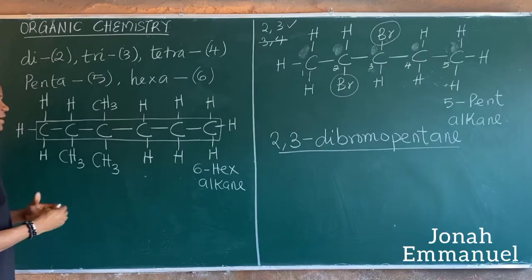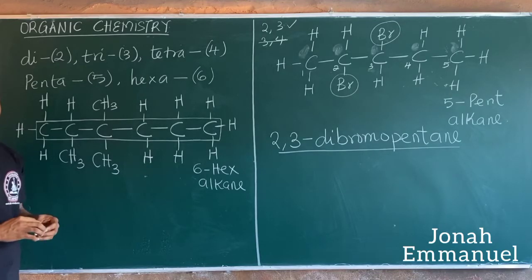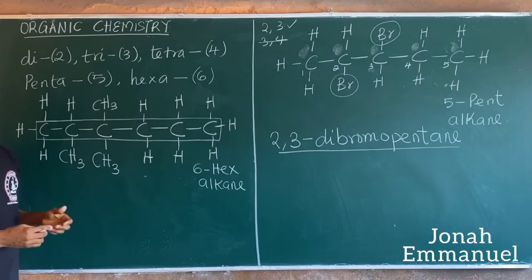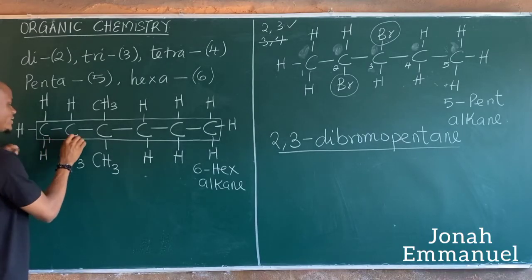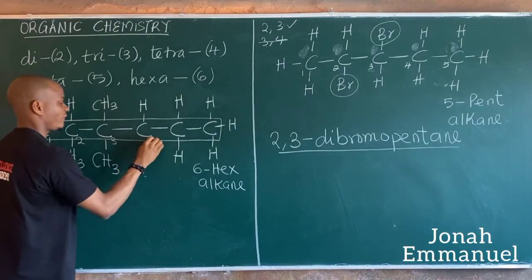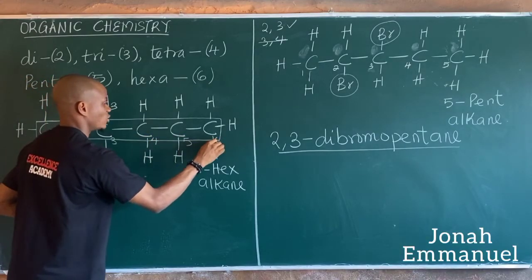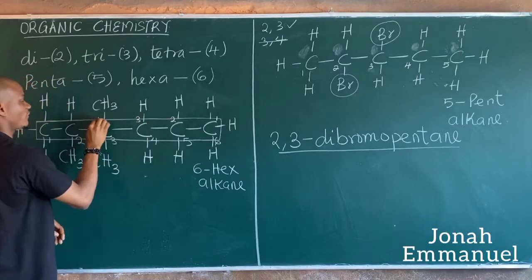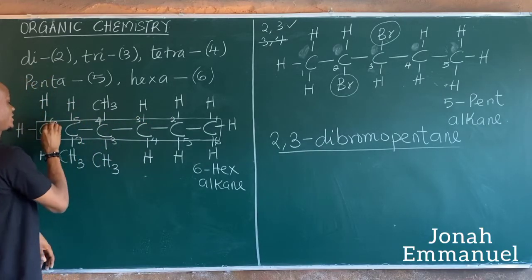Number 3, number my hydrocarbon to give the least possible number to the substituent. So it becomes 1, 2, 3, 4, 5, 6. Do upper number. I'm having 1, 2, 3, 4, 5, and 6.